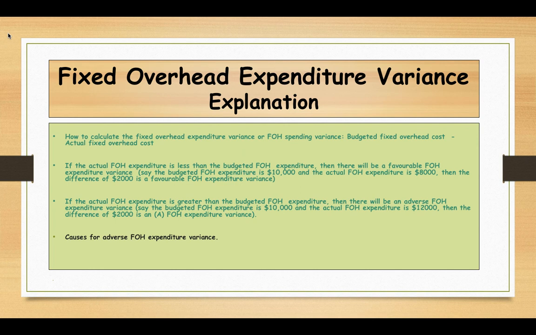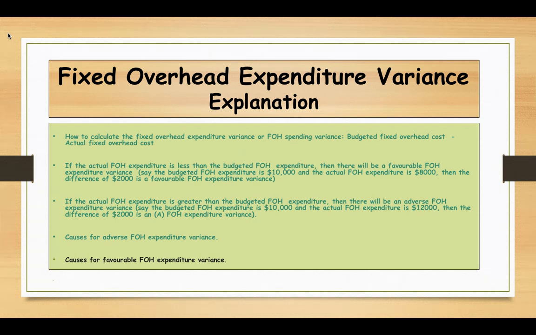So the fixed overhead expenditure variance will be significantly higher in this situation. Or seasonal demands. Seasonal demands may cause adverse fixed overhead expenditure variance. But these seasonal demands will be smoothed out with the off-peak demands in a year.